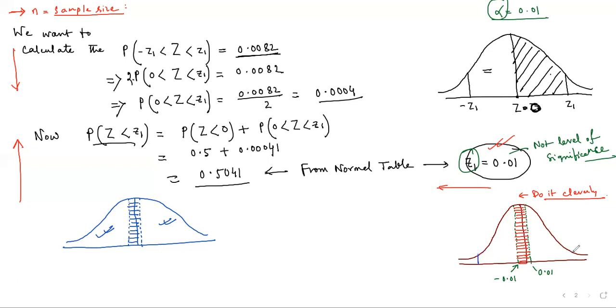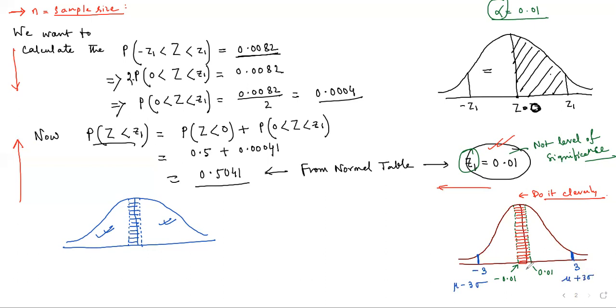Although, it is also very important to notice that if I write these two numbers, -3 and +3, this is the 3 sigma range. Okay, because -3 stands for mu minus 3 sigma, and this stands for mu plus 3 sigma.